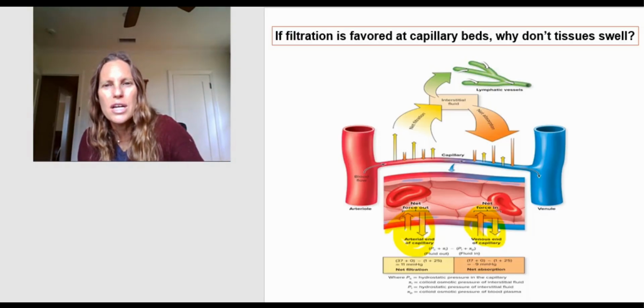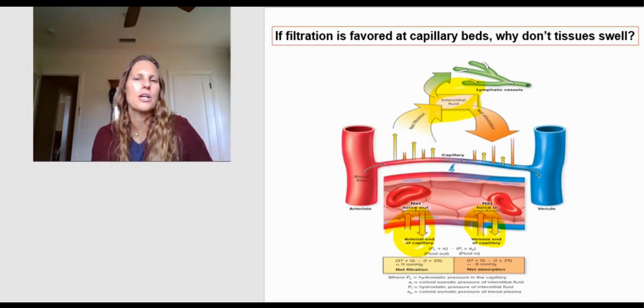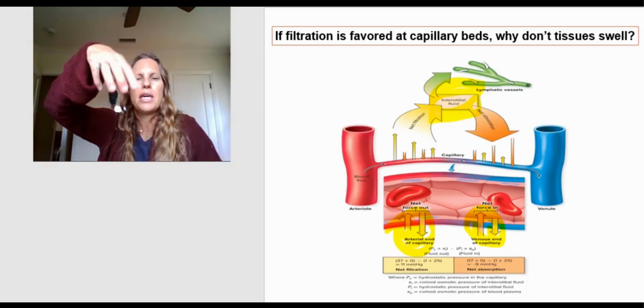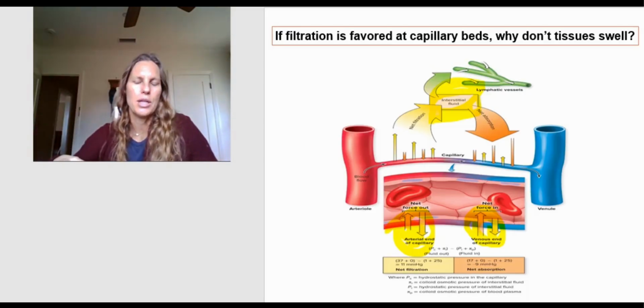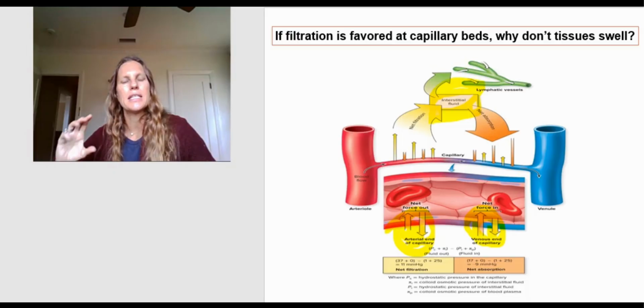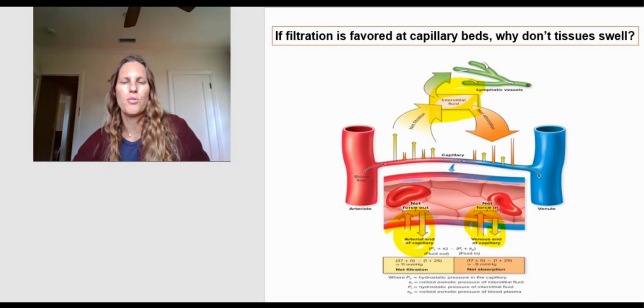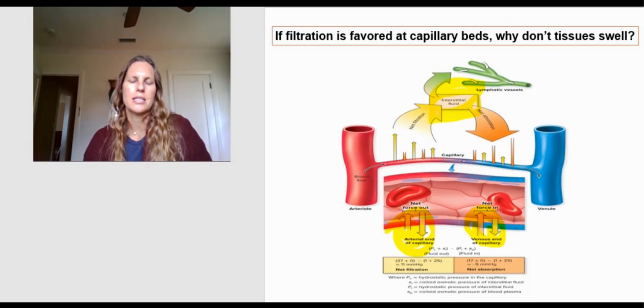Whatever is left is going to get picked up by the lymphatic capillaries, which are interwoven with the body capillaries. The lymphatic system is not a closed system, meaning the vessels aren't all connected to one another like we see in the circulatory system of mammals like us.